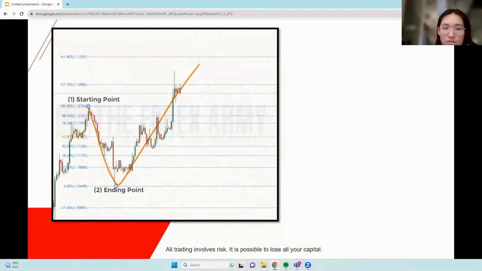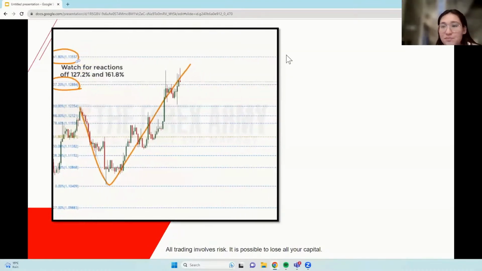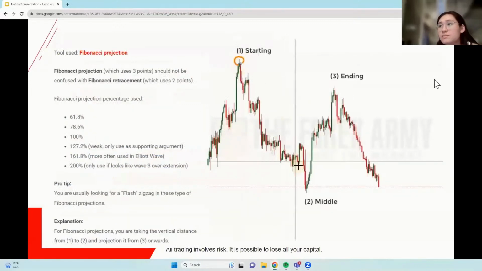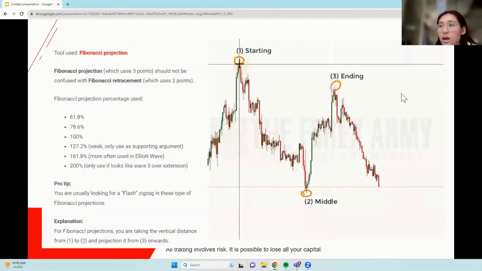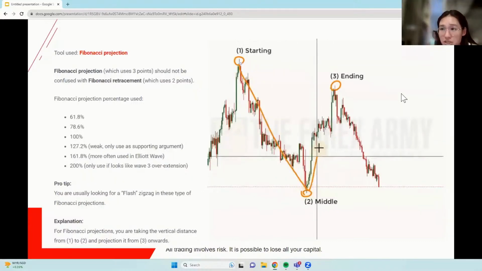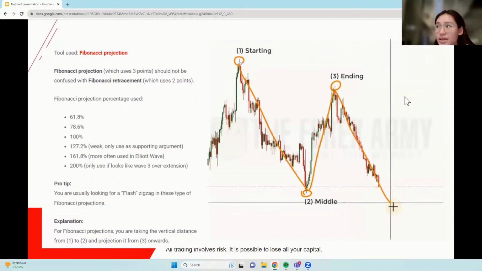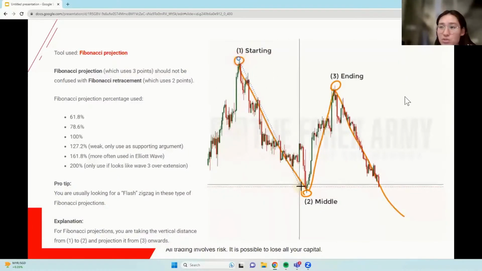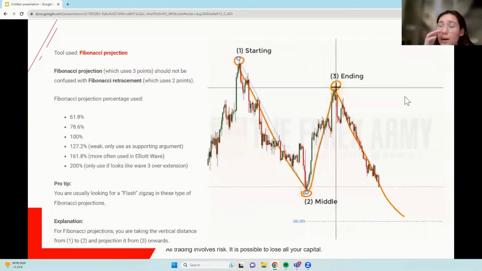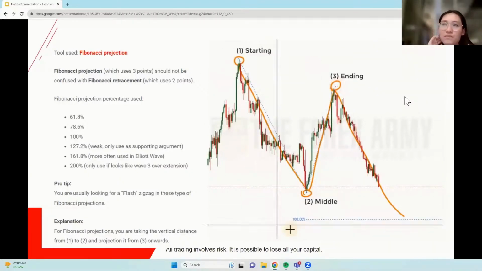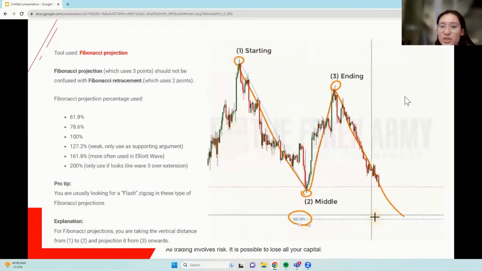Okay, let's move on. So next we're gonna be taking a look at Fibonacci projection. Fibonacci projection actually uses the Fibonacci extension tool and not the Fibonacci retracement tool like the other three methods that we've looked at previously.